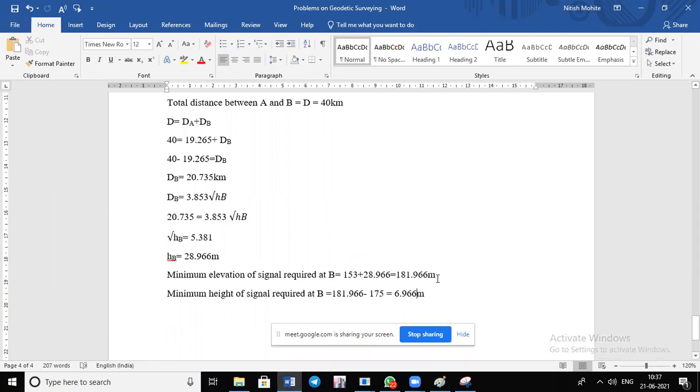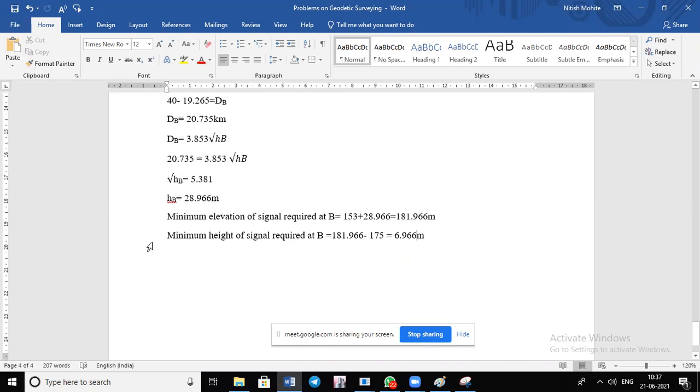We already have an elevation of 175, but 181.966 is actually required, from which station A will be visible from B. So in addition to the height available, 175, I am supposed to erect a signal at a height of 6.966 meters. That is the minimum height of signal required at B.